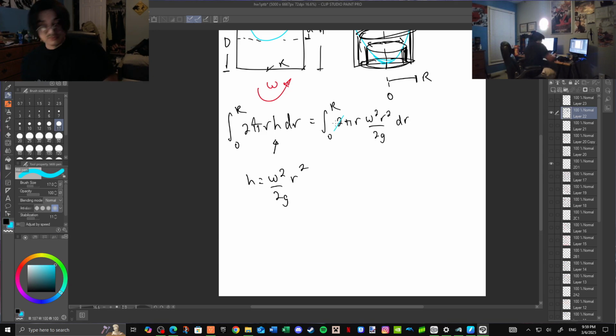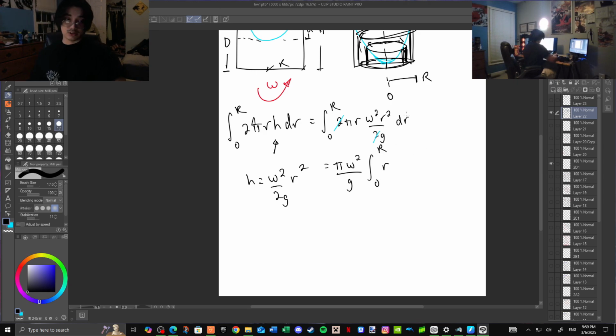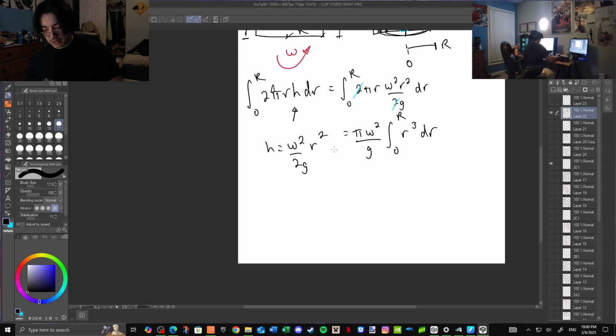And then from here, cancel out the 2's, and then we can pull out our constants. Our constants in this case would be pi, and we are assuming that the velocity stays constant, so omega squared can go out, and gravity obviously doesn't change. The bounds stay the same, multiply the r's together, and you get r cubed, dr still stays in there. We can then integrate.